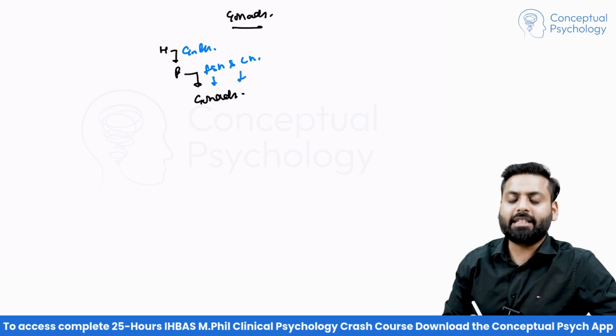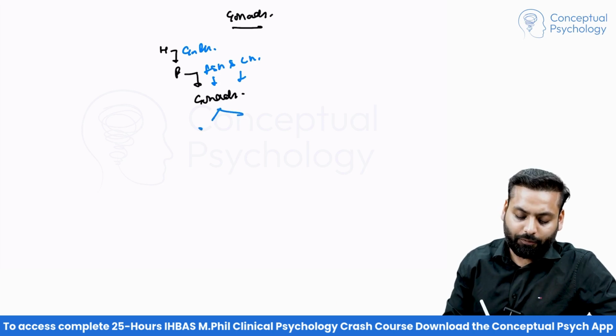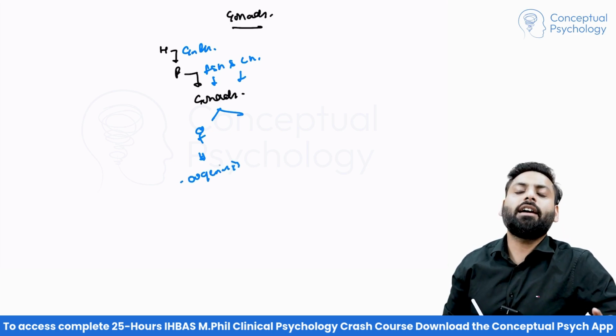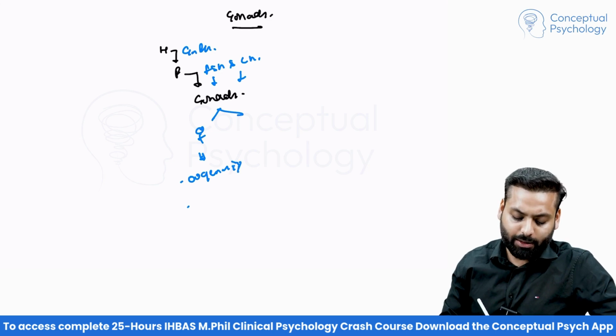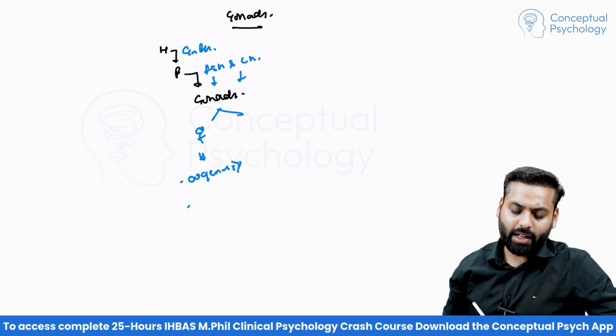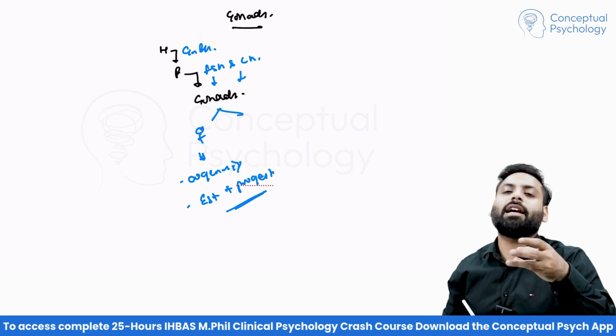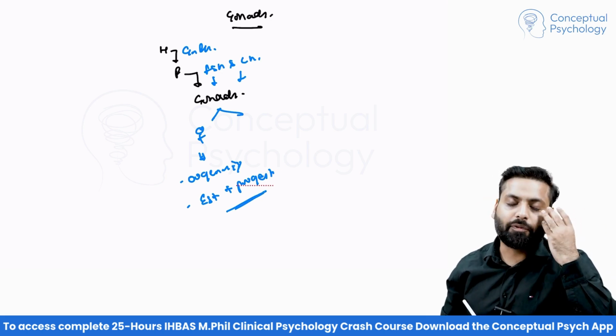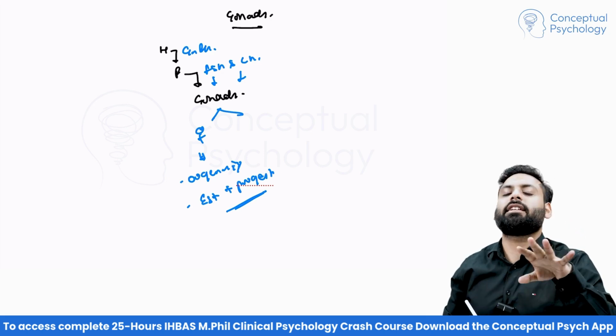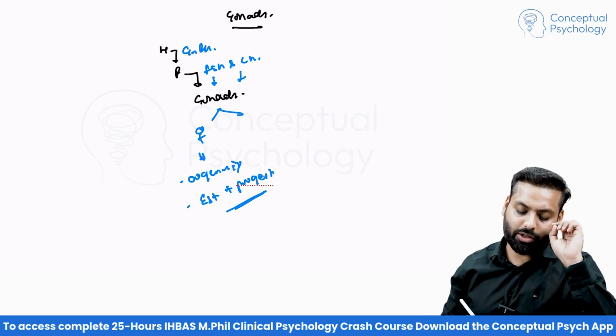Okay, when FSH and LH act on female, they do oogenesis. Oogenesis is the egg coming out during the menses. Okay, and they help to secrete estrogen and progesterone. Estrogen and progesterone make female a female.